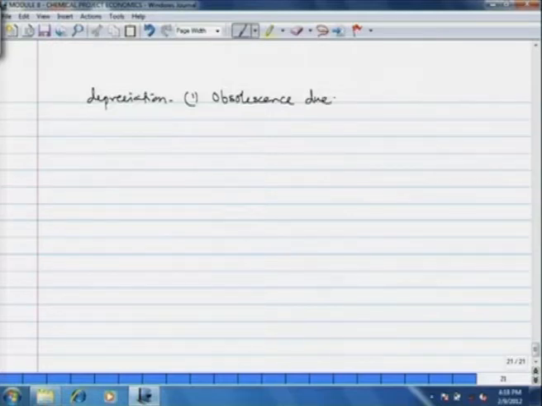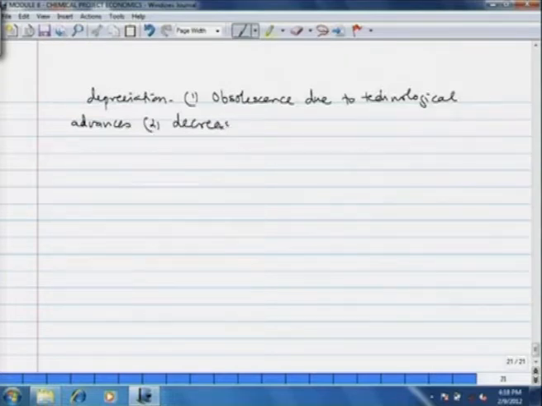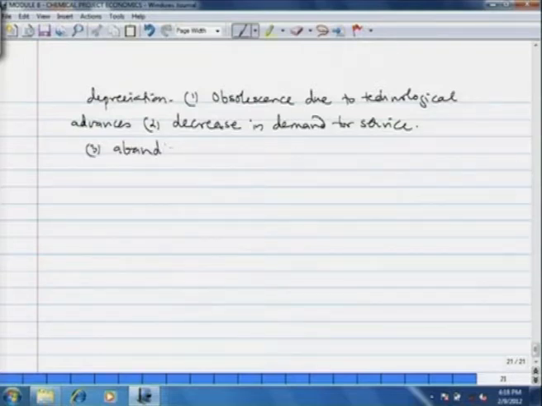This is many times mostly applicable for electronic devices. Then decrease in demand for the service given by the equipment. Then abandonment of the enterprise, or it could be the inadequate or insufficient capacity of the equipment.